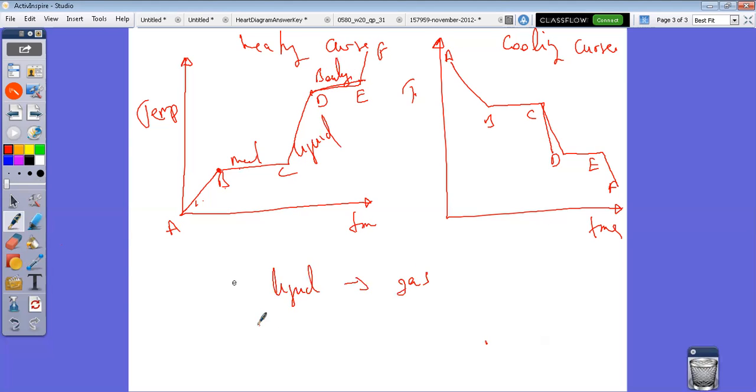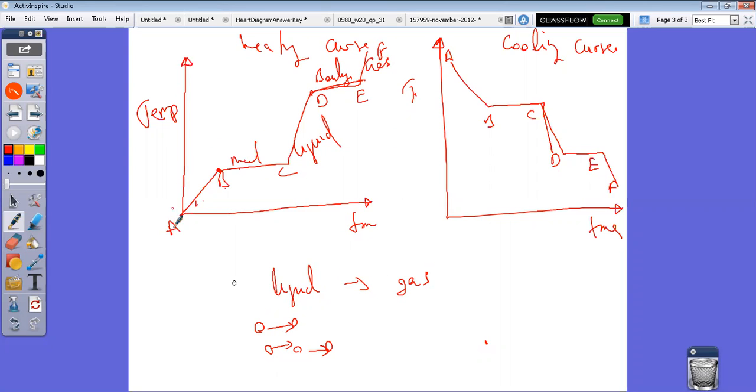Even if the liquid particles look like this, there are actually forces of attraction between particles of a liquid. When we want to move to gas, these forces of attraction have to be broken down, so the energy is being absorbed. That's why the temperature is constant, so that the liquid can change to a gas. Then at this point here it is completely a gas.